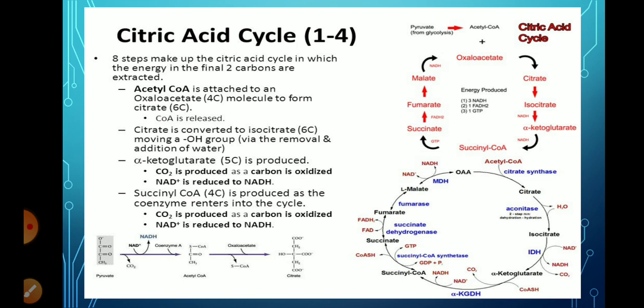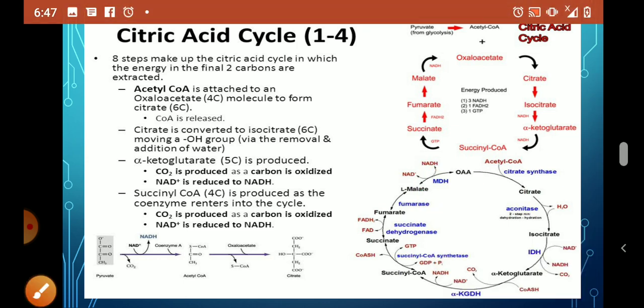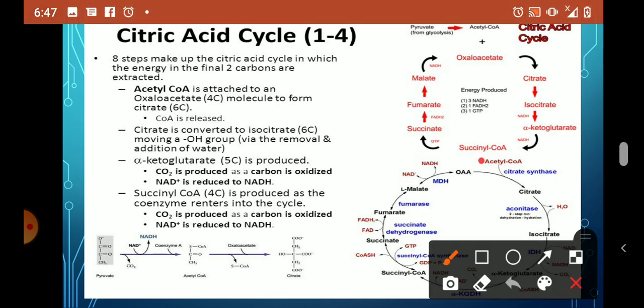That is OAA, which is formed by a complete cycling and is recycled again and again to accept acetyl coenzyme A.